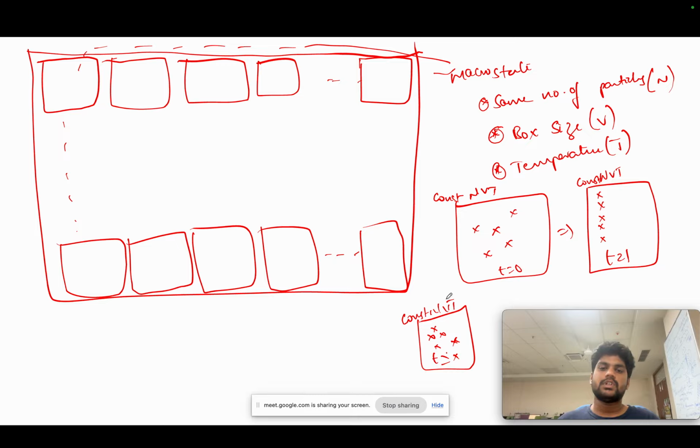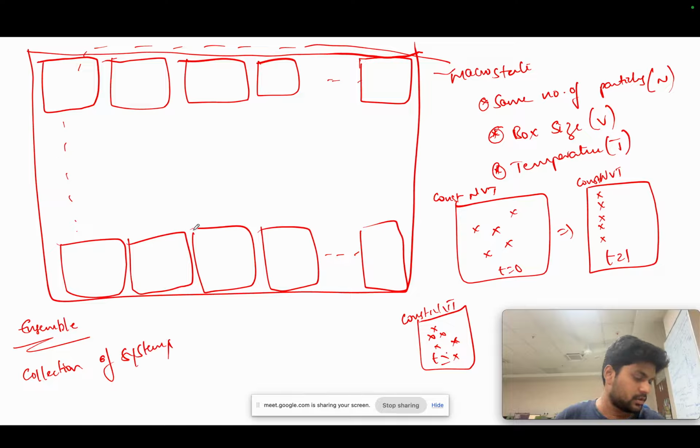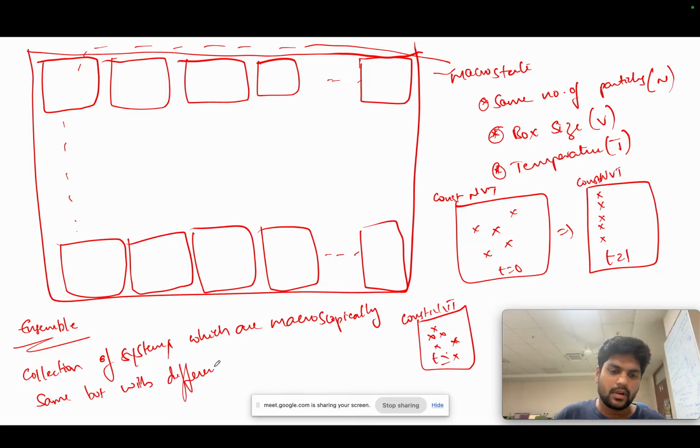So what we mean by ensemble was a collection of systems which are macroscopically same but different in microstate.